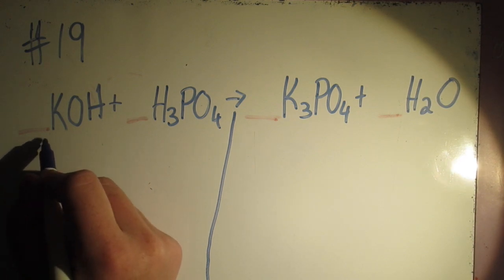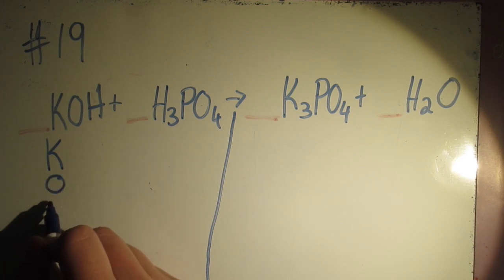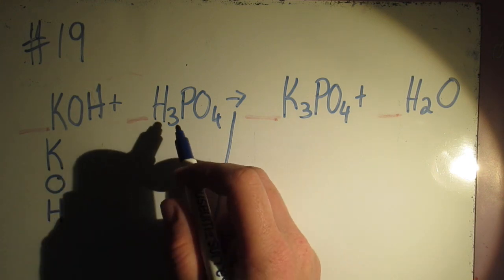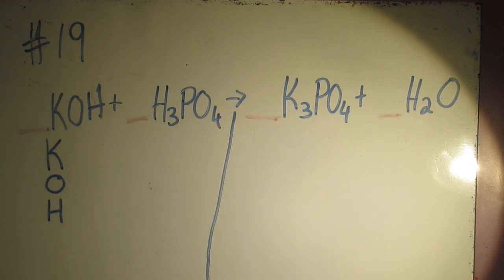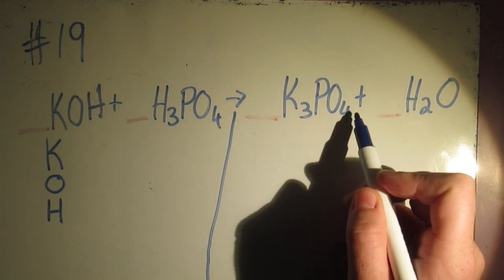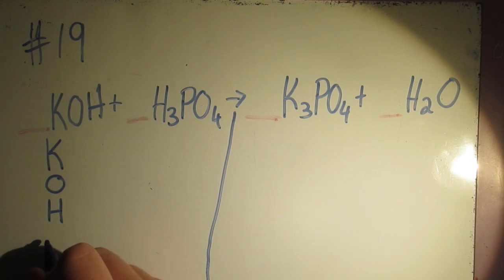So this one here, I'm going to start with K, O, H, and now if you remember, PO4 phosphate is a cookie, so I can see that it is the same on both sides and it hasn't changed. So I'm going to write it together because I find that easier.